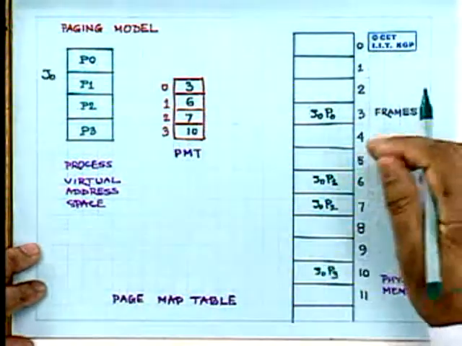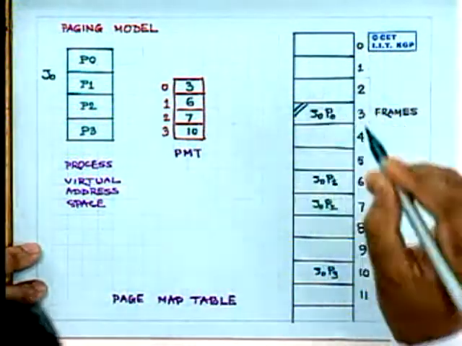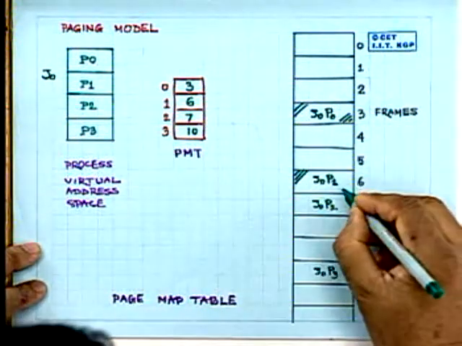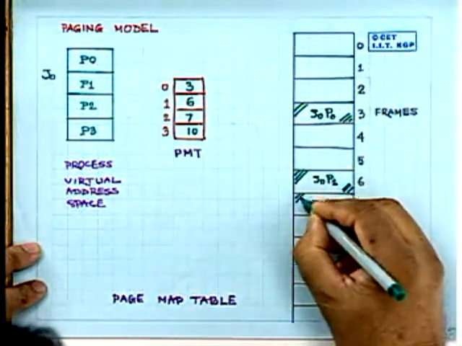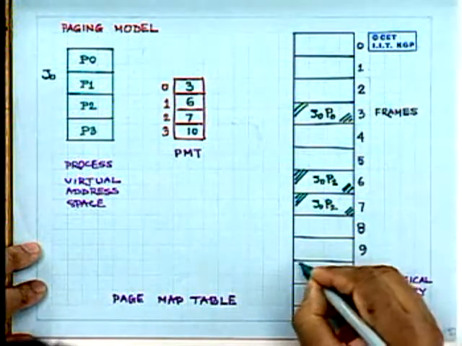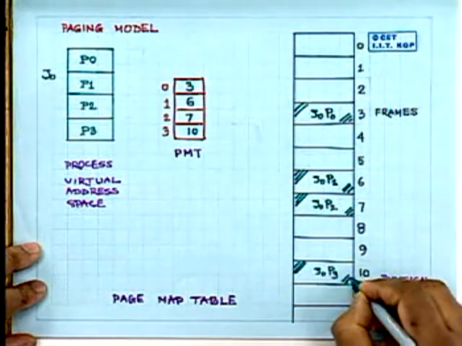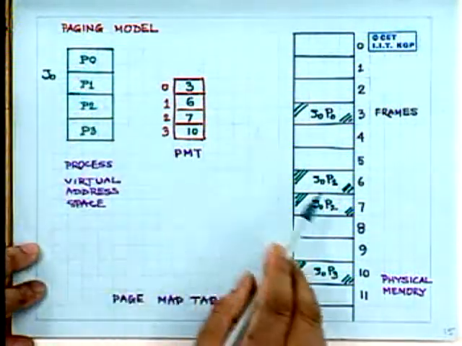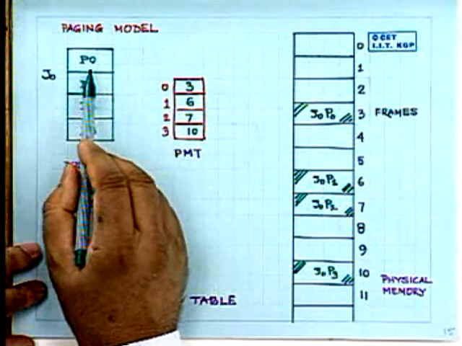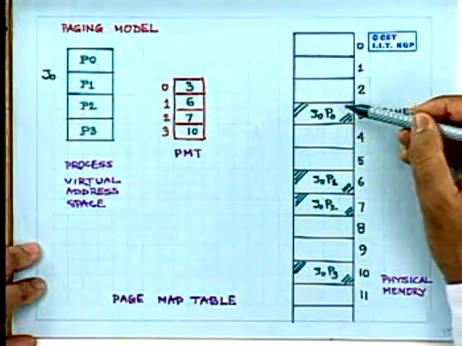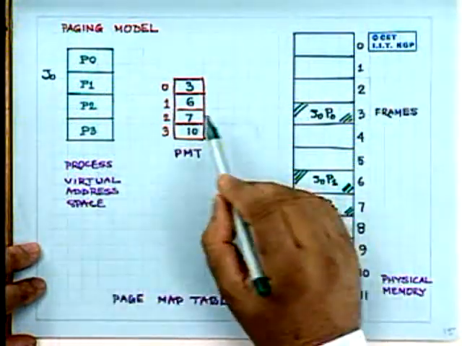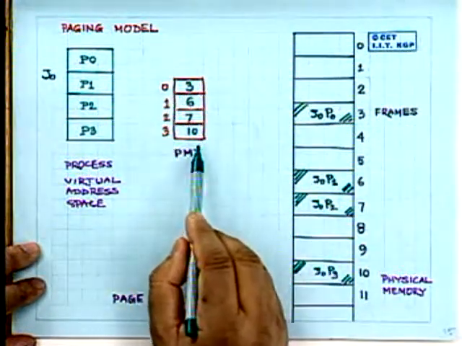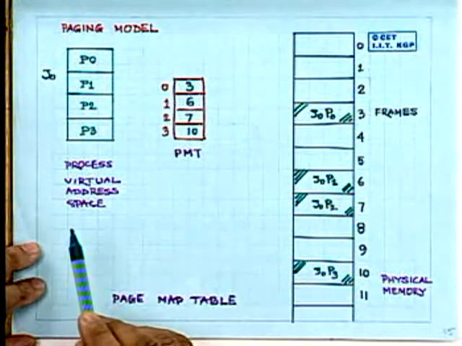Therefore, what we have done is that this frame is occupied, this frame is occupied, this frame is also occupied, and this frame in the physical memory is occupied. The mapping of a particular page into an equal size frame has been done by the operating system, and as it does, it keeps that information in a page map table.